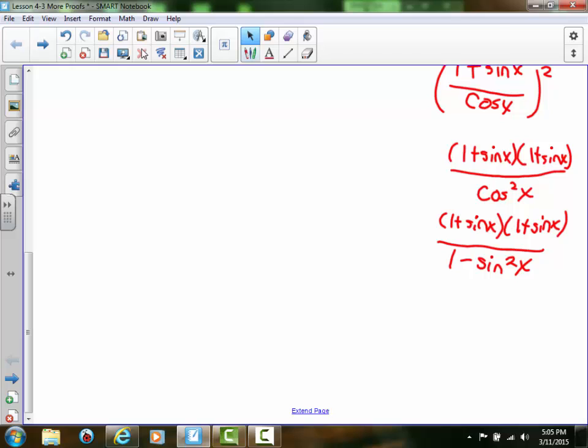We've got a little more work to do because we're not quite there yet. I'm going to write down what the left-hand side was now that it's off the screen. That was 1 plus sine x over 1 minus sine x. That's what we're going for.